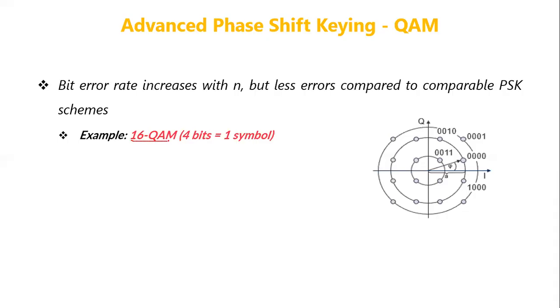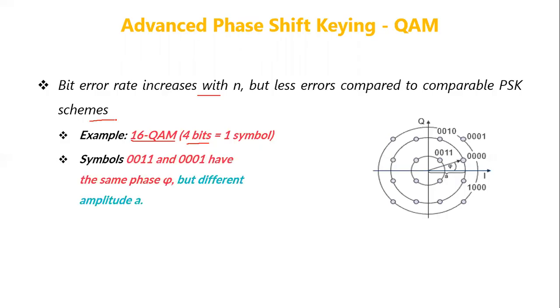Using this you can send at most 16 symbols, and 4 bits will represent one symbol. In normal quadrature phase shift keying, 2 bits represent one symbol, but here 4 bits represent one symbol. In these schemes, as n increases, the error rate will increase, but it will have fewer errors when compared to normal PSK schemes.